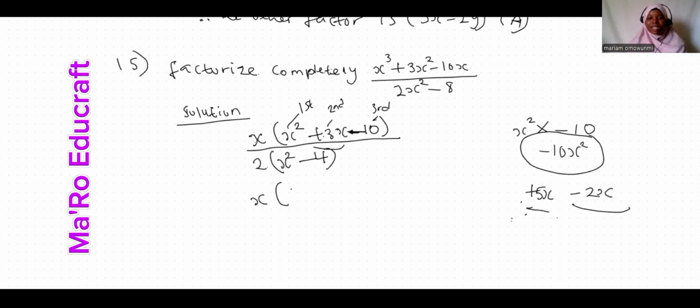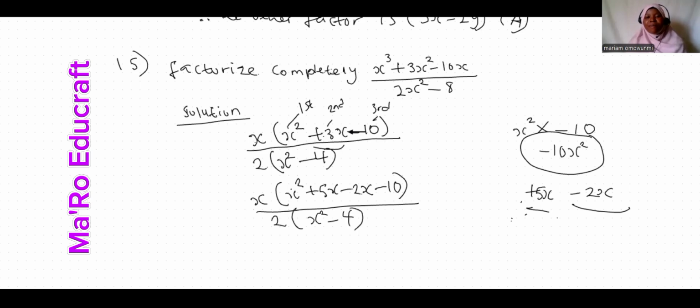So this is how we replace the factors. x squared, then instead of writing plus 3x, it is now going to be the two factors, plus 5x minus 2x, minus 10, over 2, open bracket, x squared minus 4.